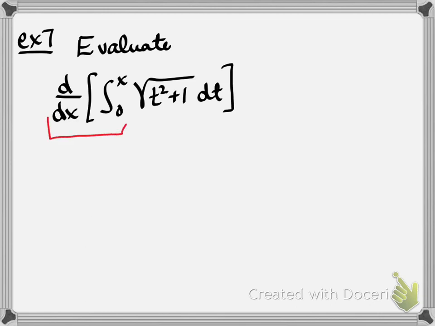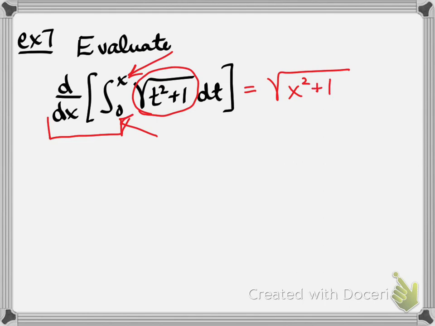I'm doing the derivative of an integral. Makes me think of the second fundamental theorem of calculus. I'm going from a constant to a variable. Interesting. And then our function is a different variable. So when all 3 things line up, the answer is simply the function evaluated at the variable. And that's it.